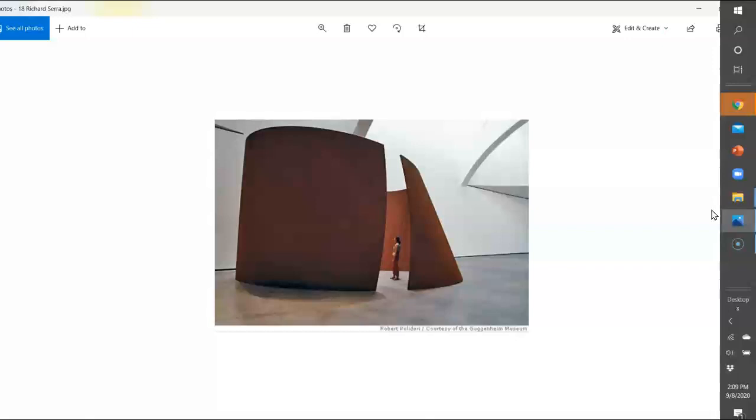And just for history's sake, one of these things one time did fall on somebody when they were installing it and killed the installer. They're huge. But what an experience. I think he has said about these, Richard Serra, that he is creating a place.